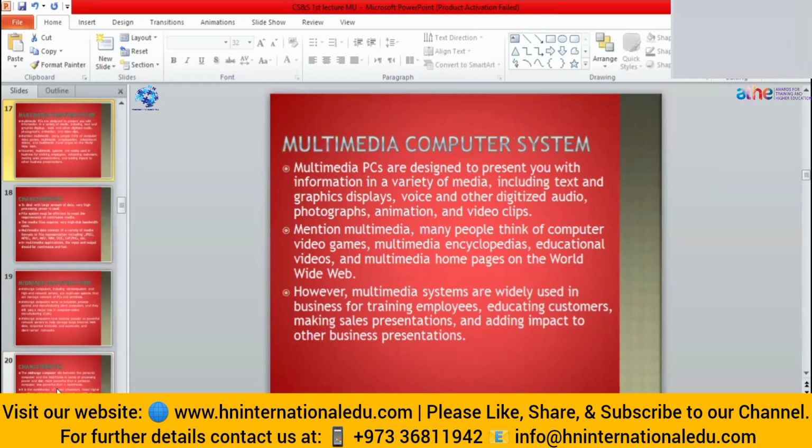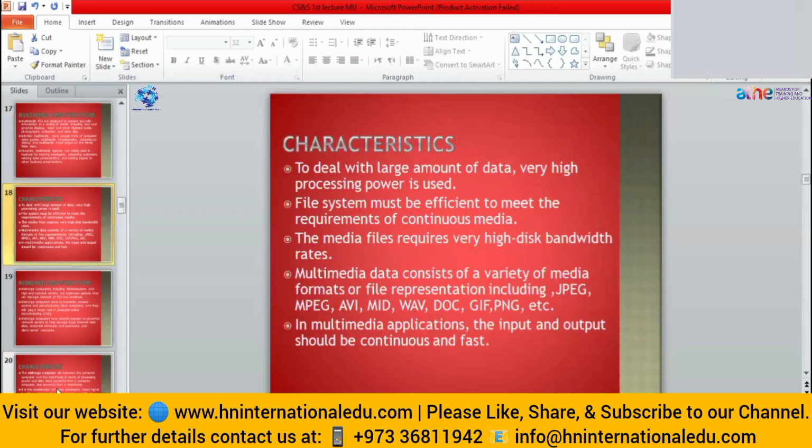So for the creation of these things, we can utilize these computers. They are widely used in business for training employees, educating customers, making sales presentations, and adding impact to other business presentations. Where graphics related activities have to be performed, we have to utilize these computers.